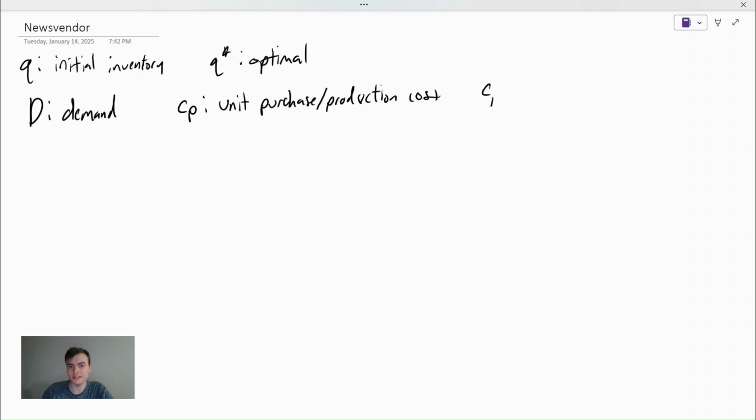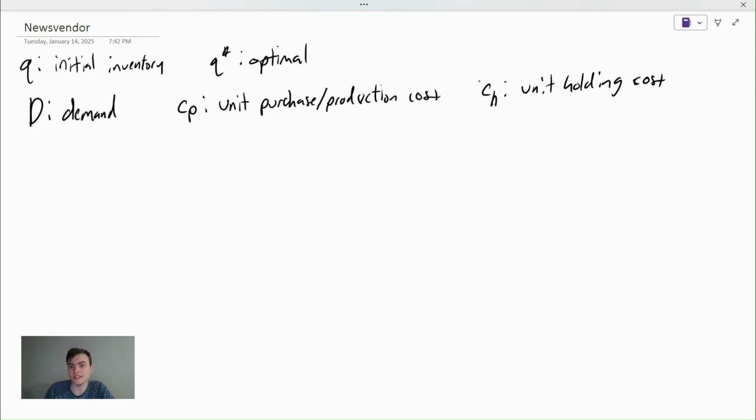And then we have CH, which is the unit holding cost. And so these notations are very different. Many places don't have Q, they have Y or I or whatever. But what's important is the meaning is always the same in the Newsvendor problem, right?